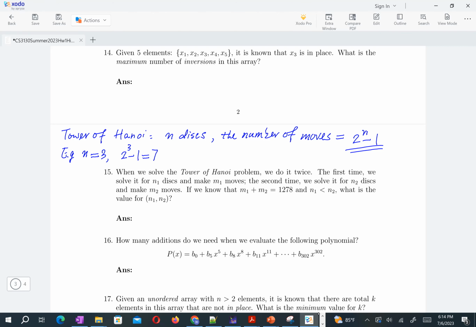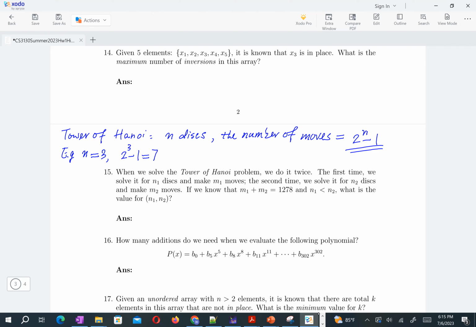Why is that actually? I can show you a little bit. Actually, I plan to explain this in my PowerPoint slides. But here, we can get a recurrence equation. Let's recall the recurrence relation procedure.